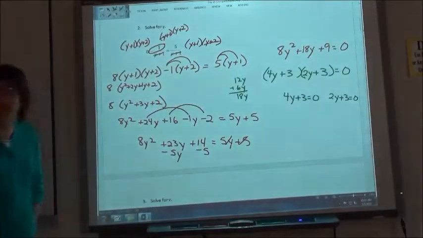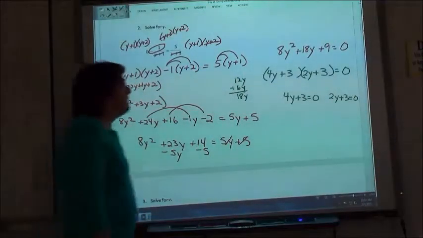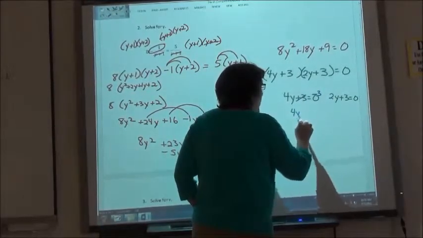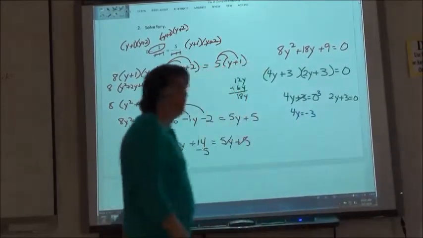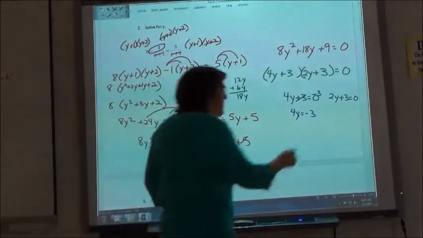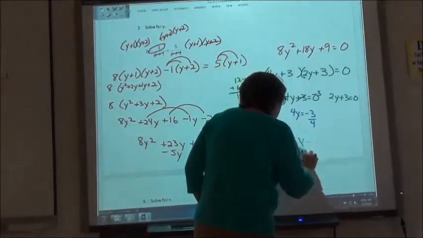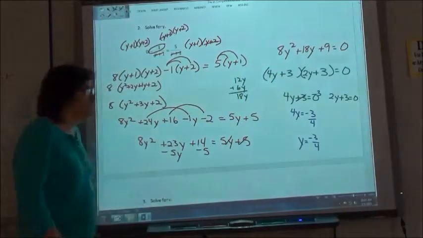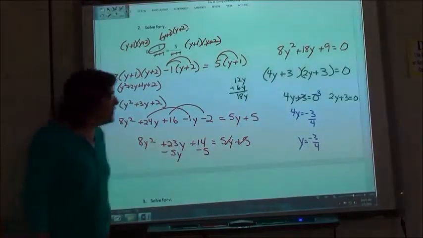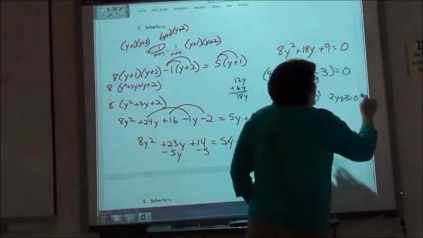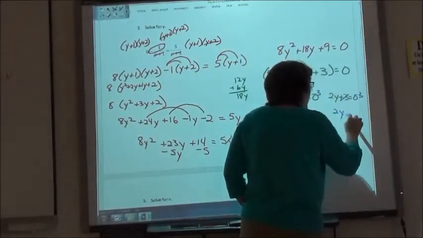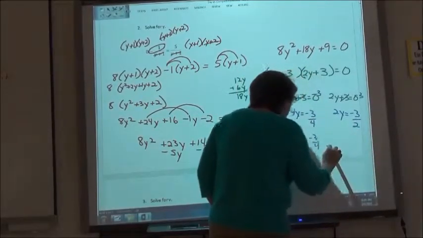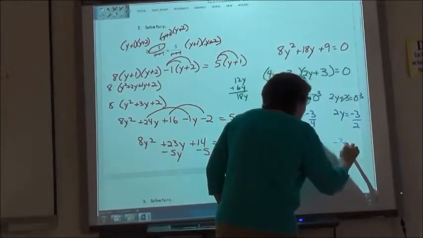So solving that, I'm going to minus my 3, so 4y would equal negative 3, and divide by 4. y would equal negative 3/4. Second part of that, got to minus my 3 again. 2y equals negative 3. Divide by 2. So y equals negative 3 over 2.